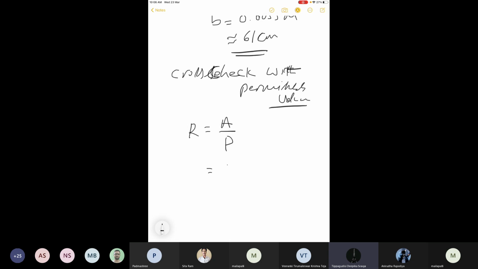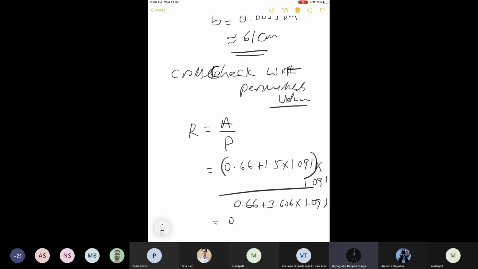If you substitute these B and D values, that is (0.66 plus 1.5 into 1.091) into 1.091, divided by (0.66 plus 3.606 into 1.091), you get 0.5449 meter.